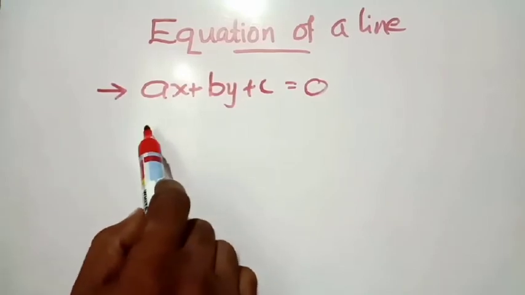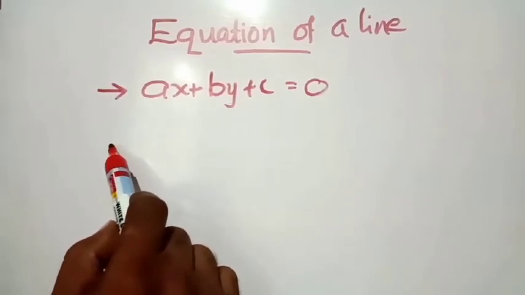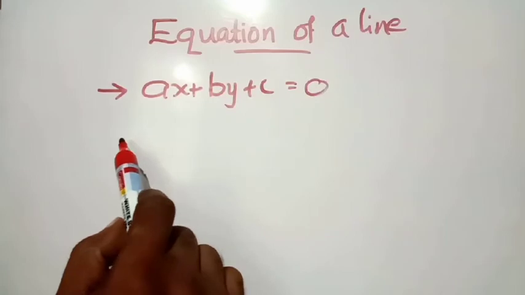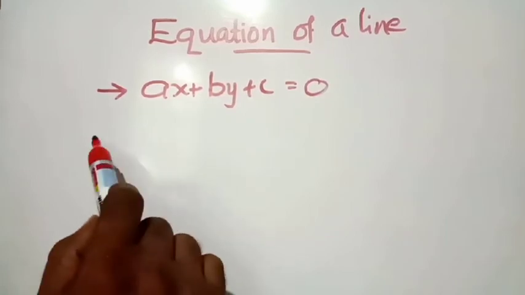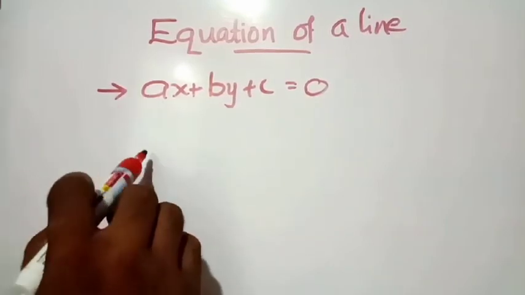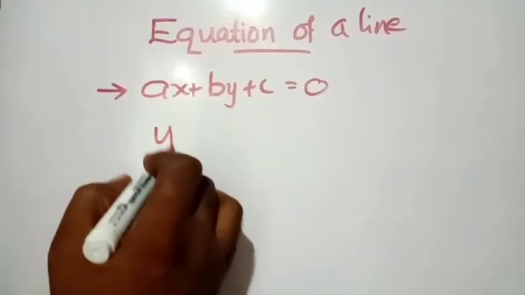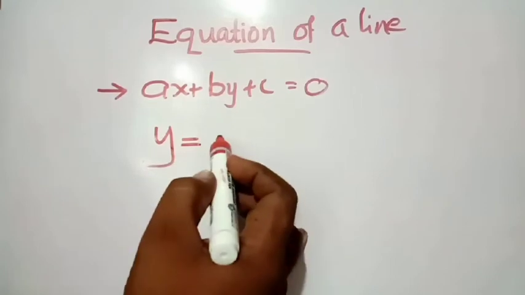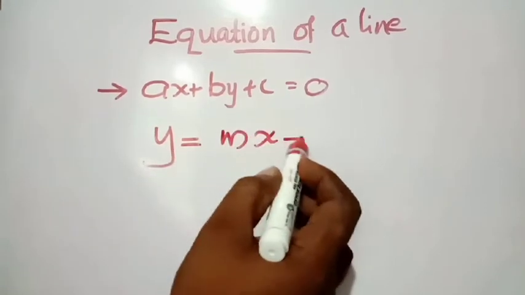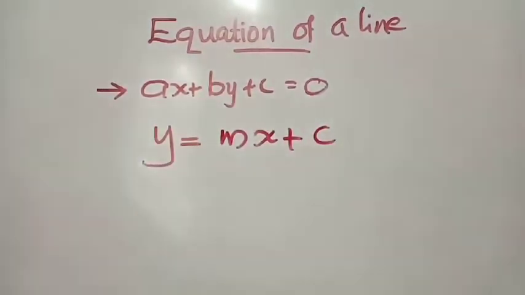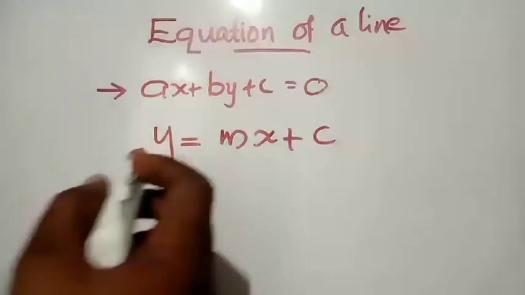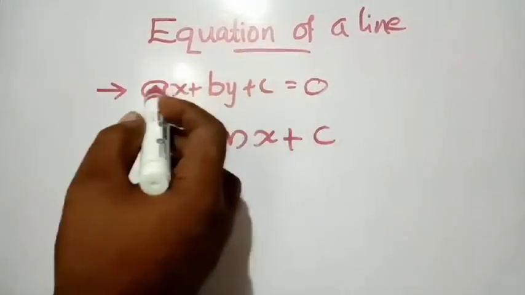And when we consider the equation of a line, there are many types of equation of line based on the given condition. And in grade IGCSE classes, we learn only one equation, which is y is equal to mx plus c. See, this is also a linear equation, same format.